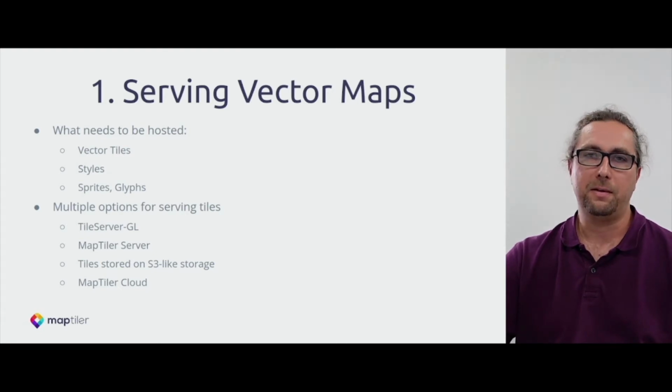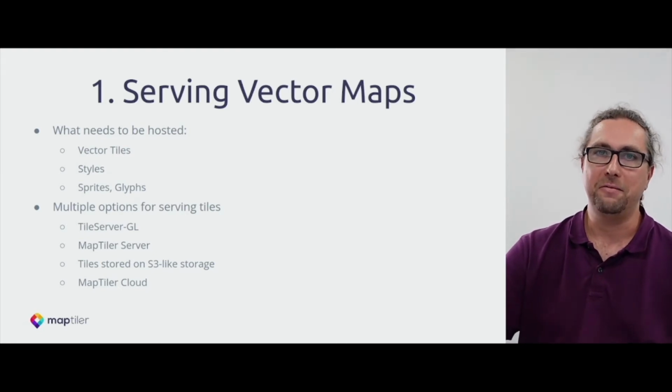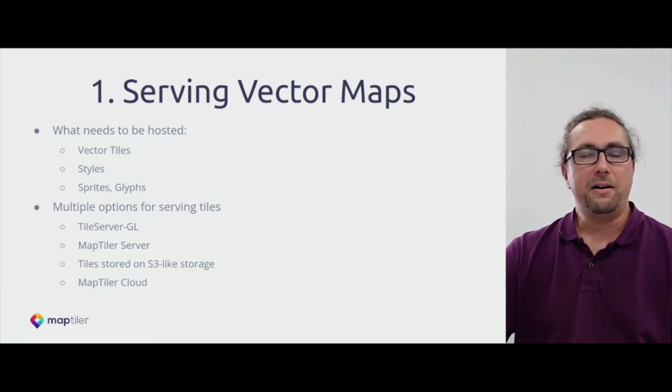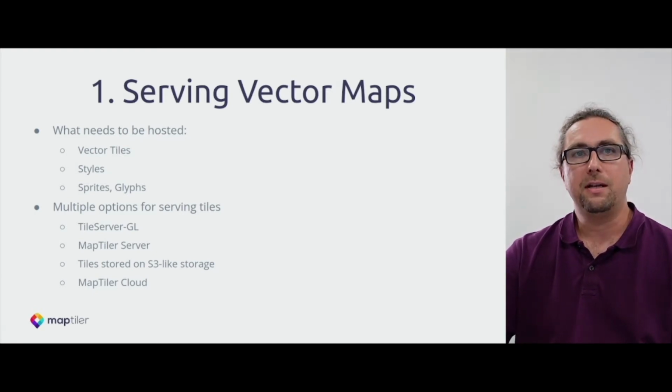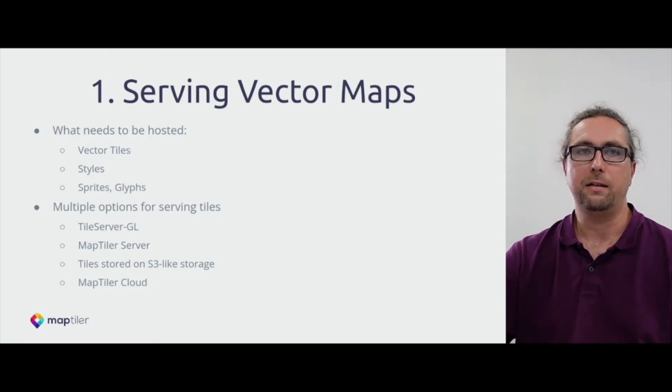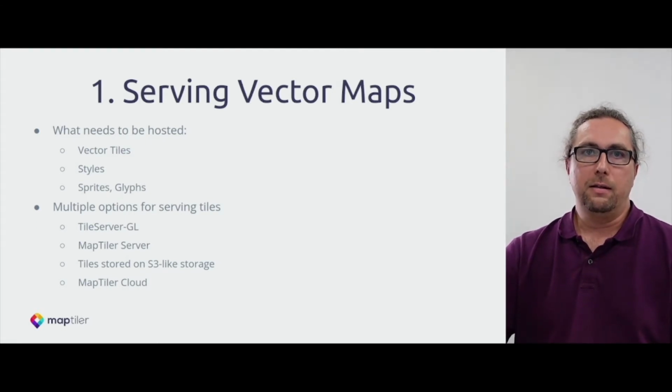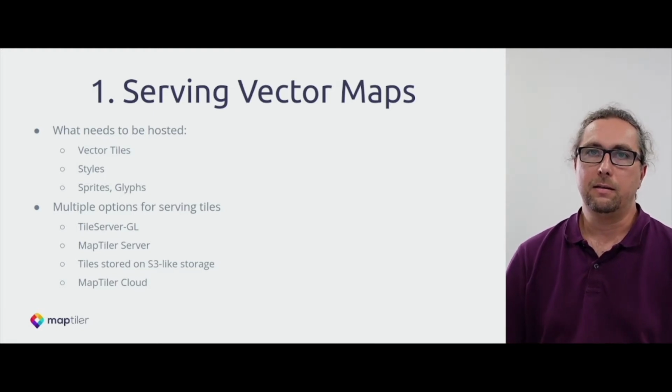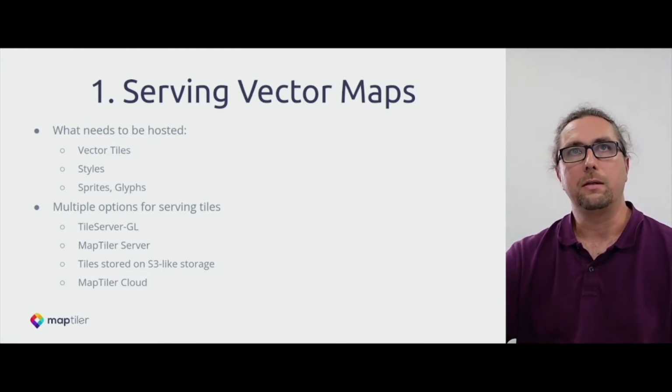So it's kind of painful, and I would not recommend it. But there are much better options like TileServer GL, which is an open source project available on GitHub, which you can run in Docker and serve the data from MBTiles. Or there are indeed commercial products, and we will focus on MapTiler Cloud, as I mentioned.